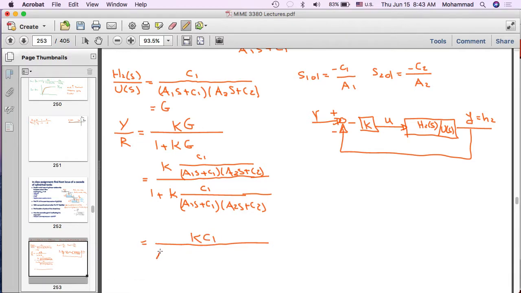And in the denominator, we'll have (A1 s plus C1) times (A2 s plus C2) plus K times C1. So that's the transfer function that we're after. This is the closed loop transfer function. That's the ratio of Y over R. Let's call it H.